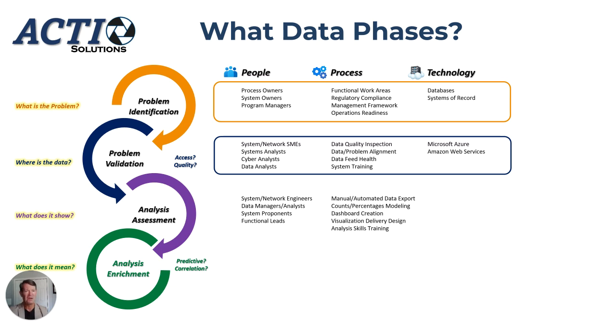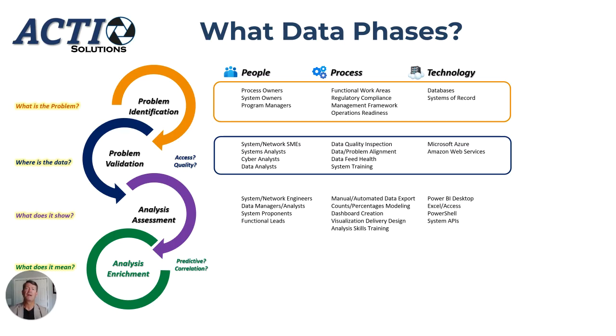Again, your counts, percentages, modeling, that's typically done by your data managers and analysts. Dashboard creation, these are your summarizations with the visualization, delivery design in mind. And then in terms of skills training, you might need some analysis skills training, especially if you're using some of the tools that we're going to get to in the next part of this pillar.